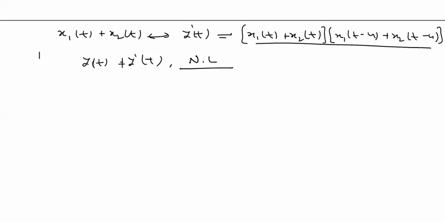In this case we find 4 terms. Both are not equal, so the system is non-linear.